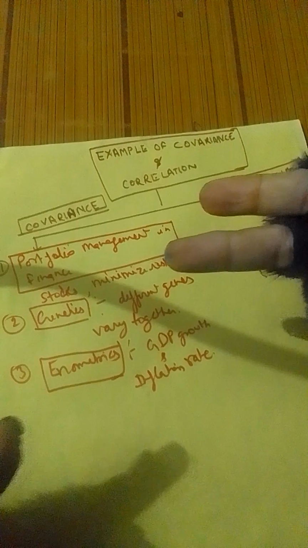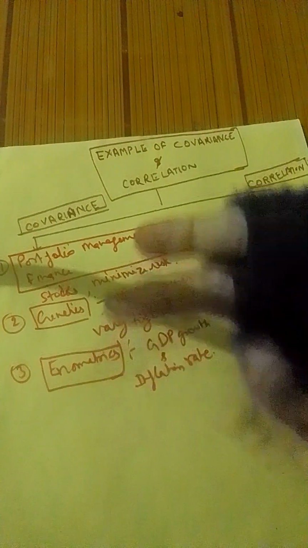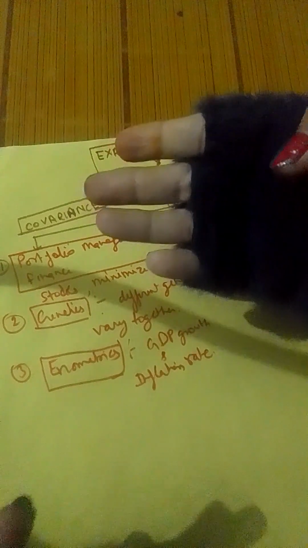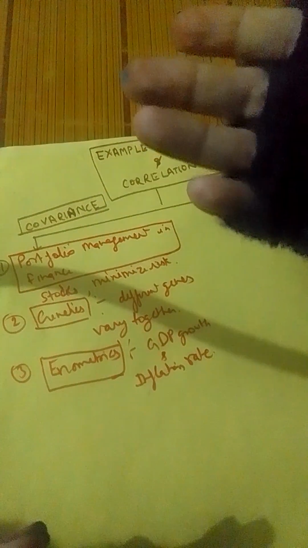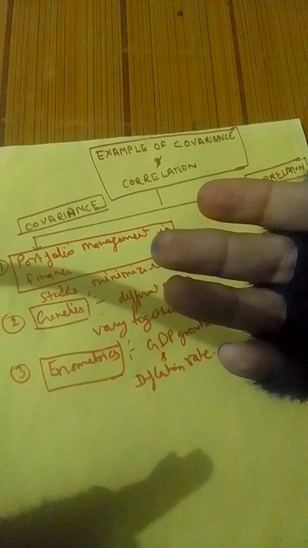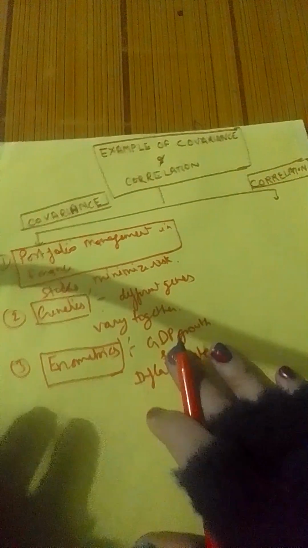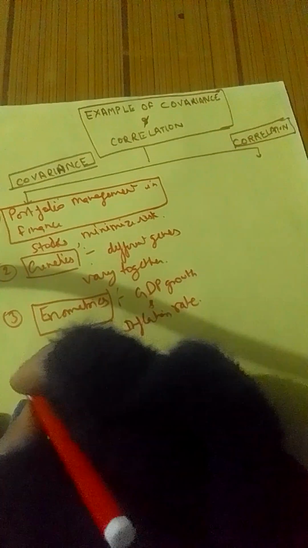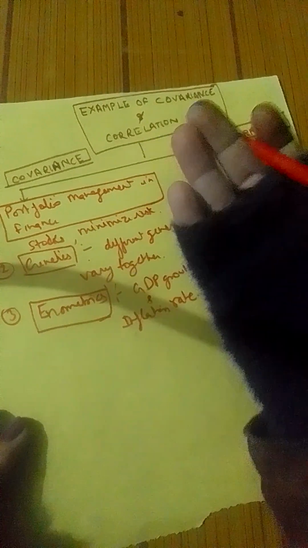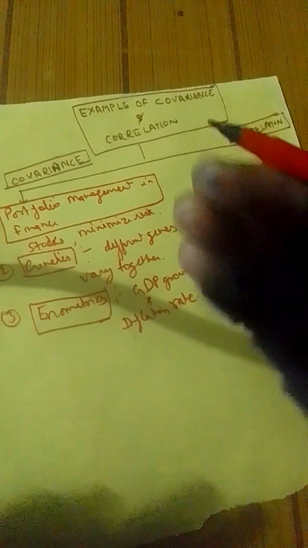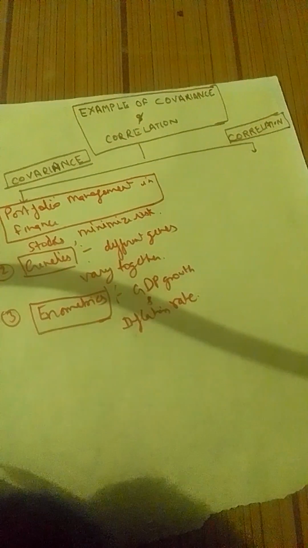I hope you all are understanding the real-time examples of covariance, where data scientists and big companies use these terms to generate AI models and apply them in our day-to-day life, and we watch them without knowing the logic behind them. They are doing this with the help of covariance.